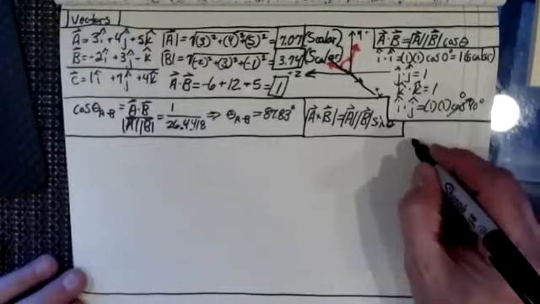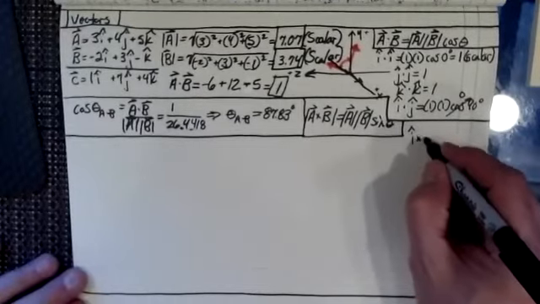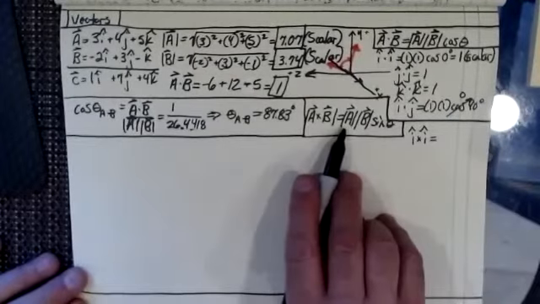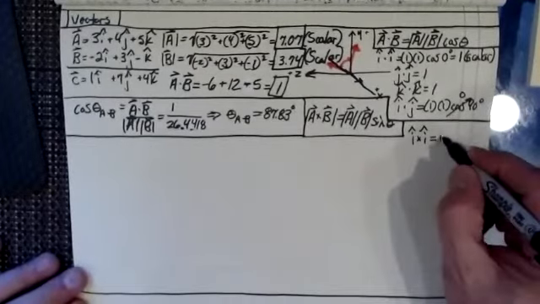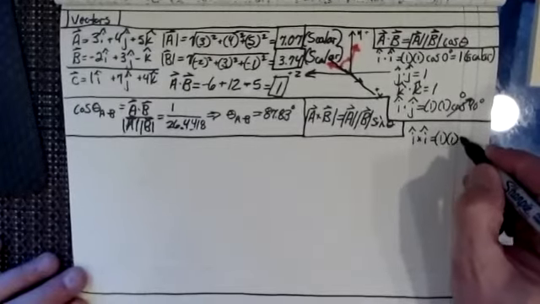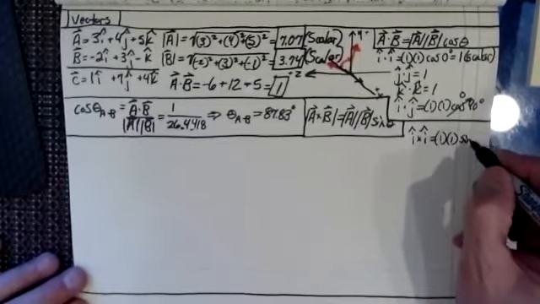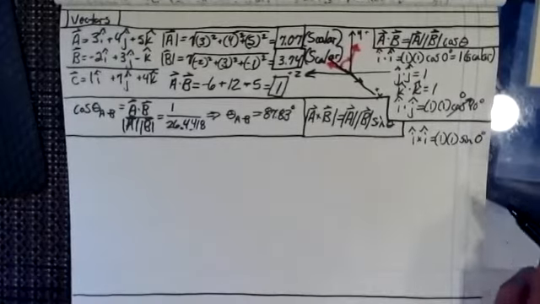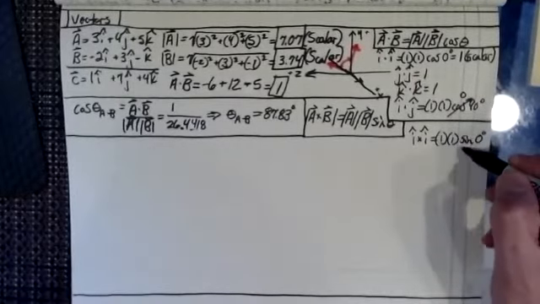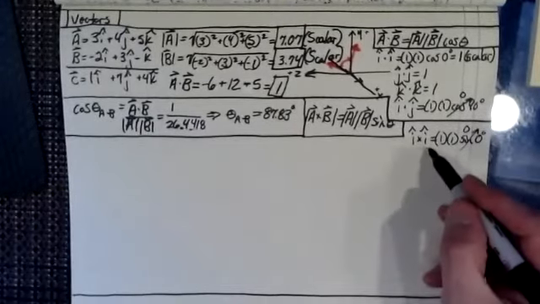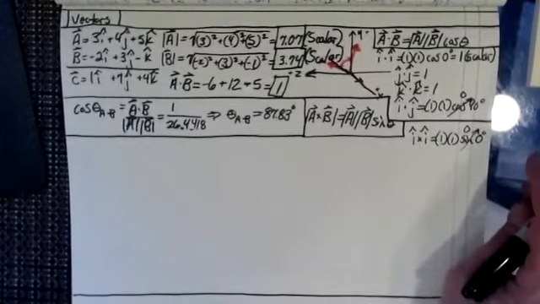If I had i hat crossed with i hat, we know the magnitude of that is 1, and the magnitude of the other one is 1. And the sine of the angle between them, because they're going in the same direction, is the sine of 0 degrees. And I think everybody knows the sine of 0 degrees is 0. So i cross i gives us nothing.